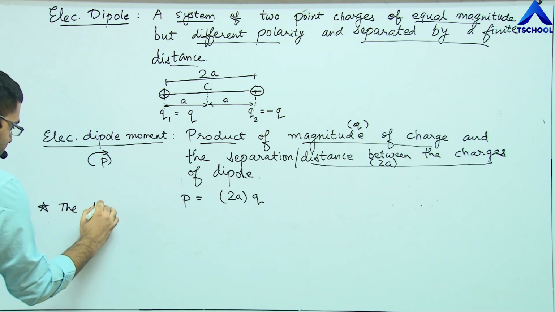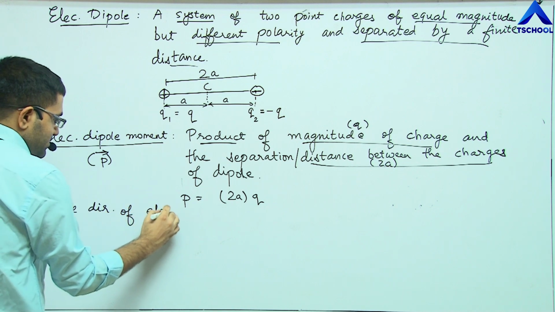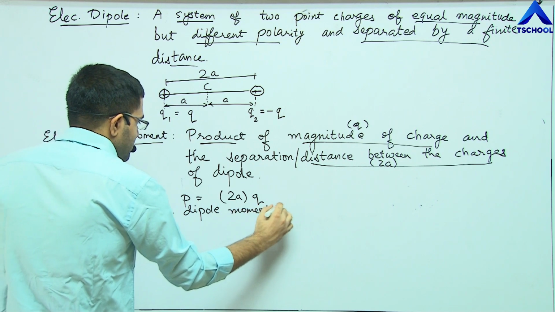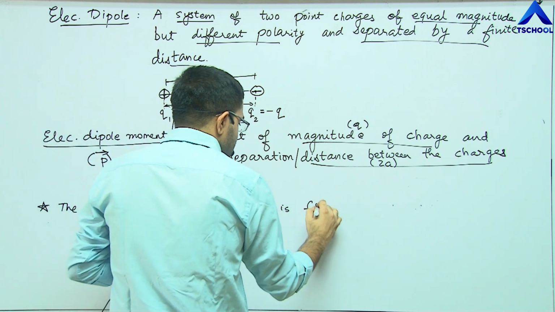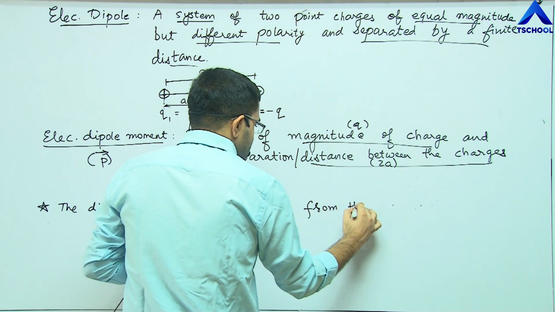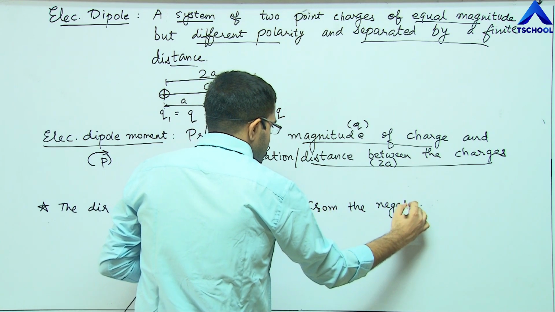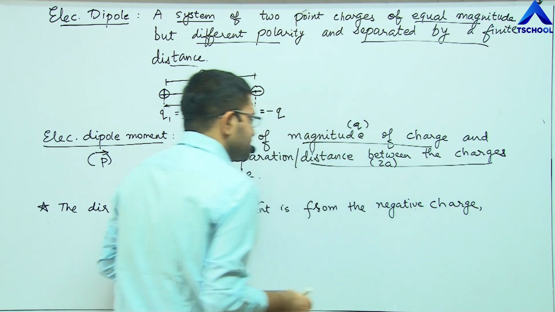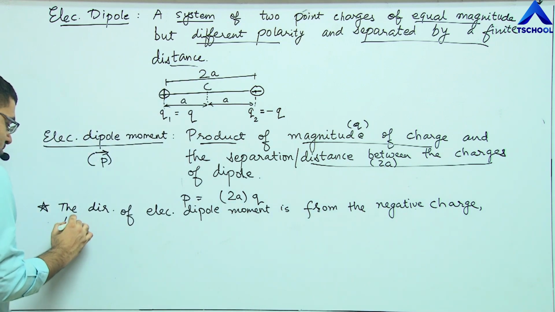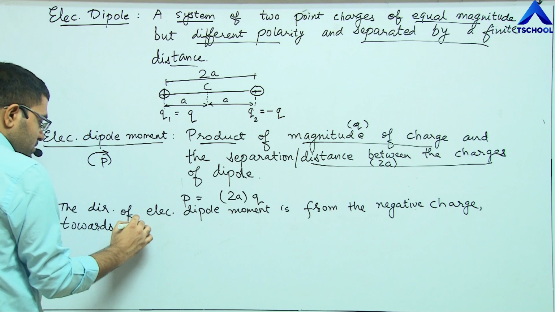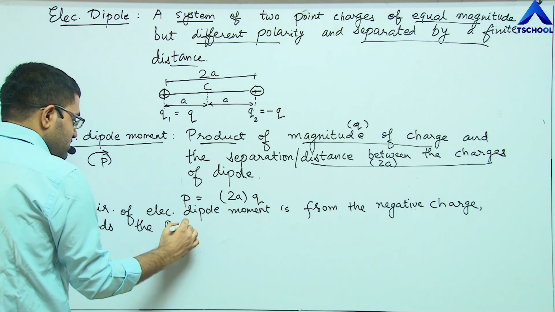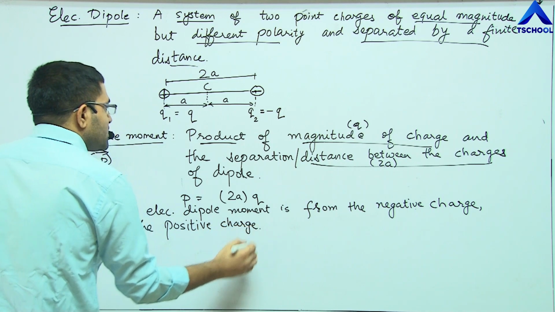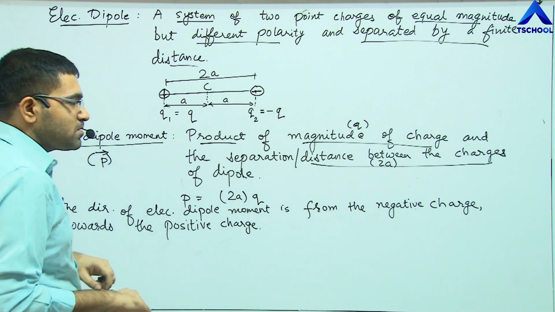The direction of electric dipole moment is from the negative charge towards the positive charge. Okay, is from the negative charge towards the positive charge.